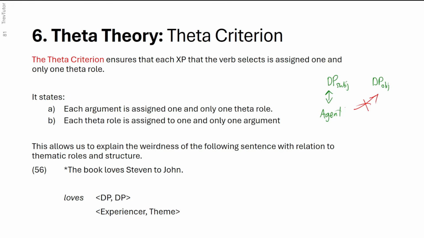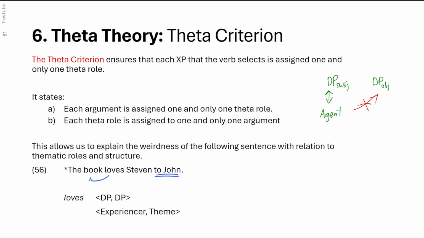And this allows us to explain grammatical problems, such as not having enough arguments or too many arguments, but it also allows us to explain weirdness. If we need an agent and we're getting something that can only be a theme, then the sentence is going to be a little bit weird. So if we have the sentence "the book loves Steve to John," we know that this is ungrammatical. It's weird, and "to John" specifically is the weird part. Why is that?